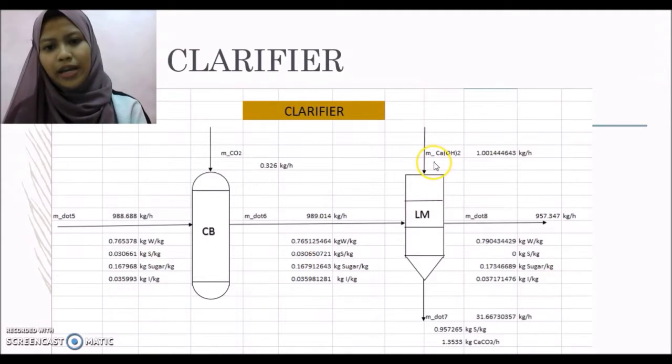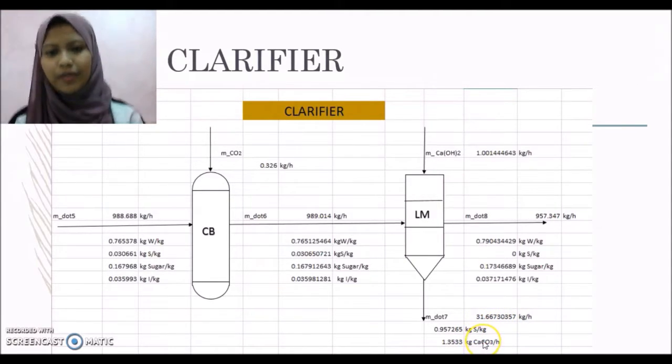For liming, we add calcium hydroxide, and then there are two outputs, stream 7 and stream 8. The total flow rate for stream 8 is 957.347 kg per hour, and the composition is water, sugar, and impurities. For stream 7, the total flow rate is 31.67 kg per hour, and the composition is sugar and calcium carbonate.